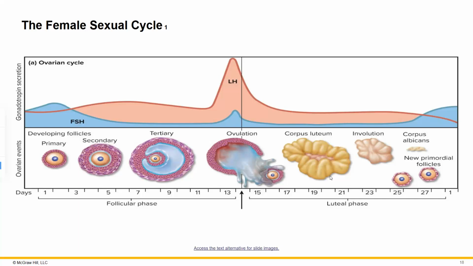But once we have the corpus luteum produced, this is now going to produce progesterone. Progesterone's job is to maintain the uterine lining. So it keeps the uterine lining in place, and it's going to continue to produce and further develop that uterine lining. If there is a fertilization event that happens, the corpus luteum will continue to produce progesterone on its own for a couple weeks. After that, once you have the implantation event happen, that developing embryo is going to start producing HCG, or human chorionic gonadotropin.